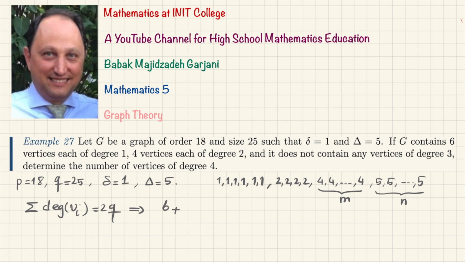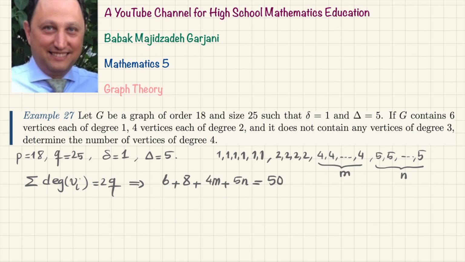I have 4 twos, which add up to 8. Then I have m fours, which add up to 4m. And then I have n fives, which add up to 5n. On the right-hand side, I will have 2 times 25, which is 50, yes? Now you see that 6 plus 8 is 14. I move it to the other side, so this means that 4m plus 5n equals 36.